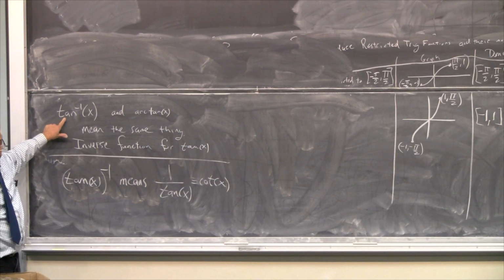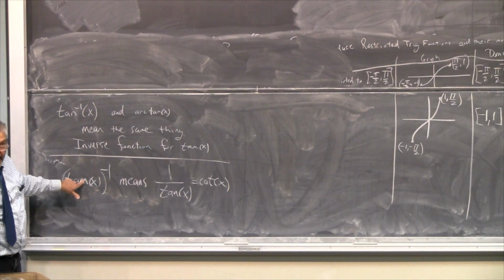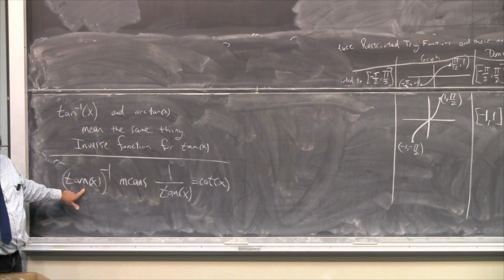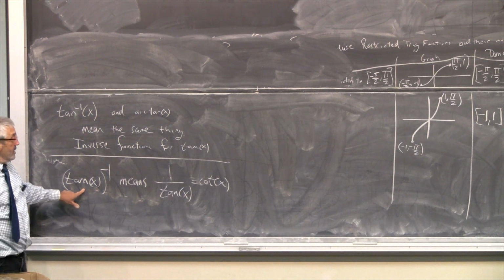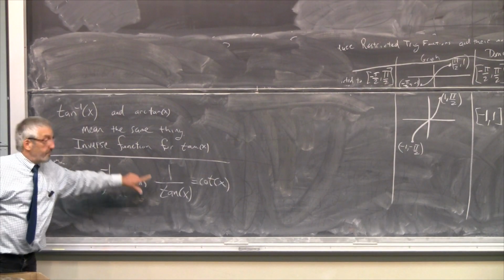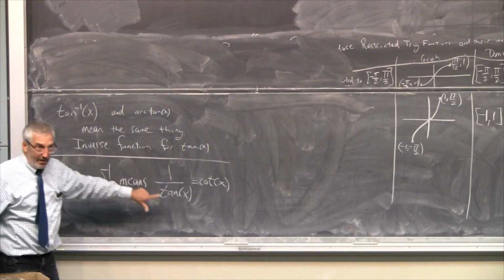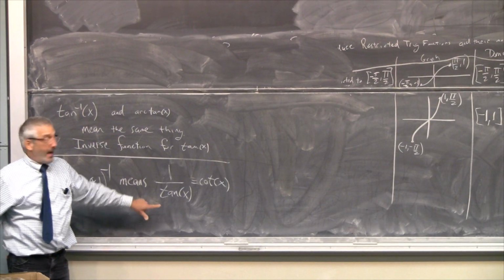So tan inverse of x does not mean tan x raised to the negative 1 power. Now I think the way I've written this is pretty clear. Something raised to the negative 1 power means this. Problem with this is that a lot of students will read this and they'll think this, and that's bad.